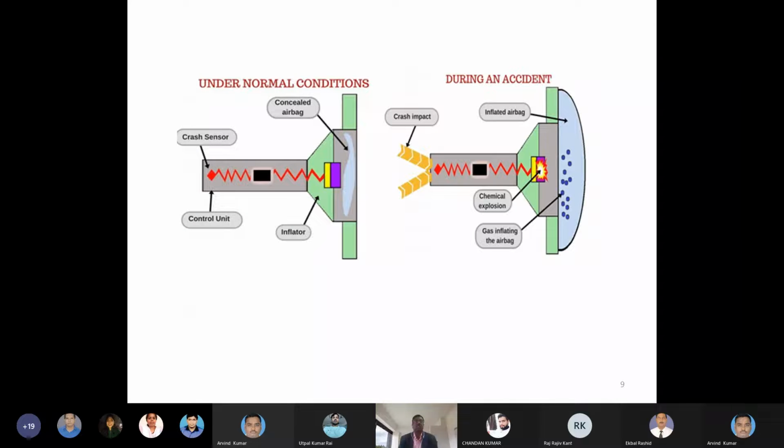Now moving on to some of the applications of mechatronic systems. In micromechatronic systems, we are commonly aware of the airbag deployment system in a vehicle.